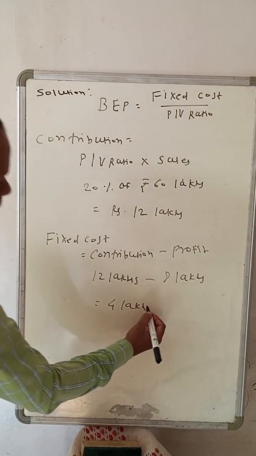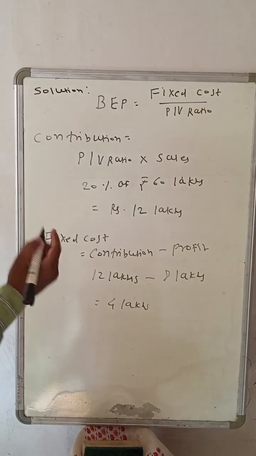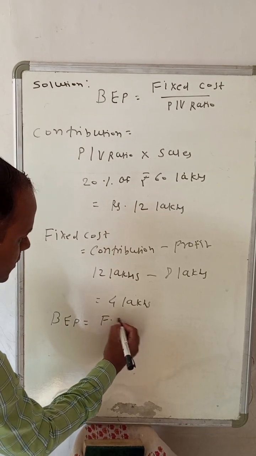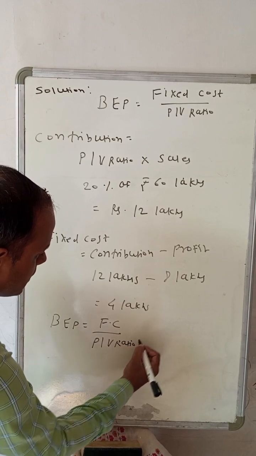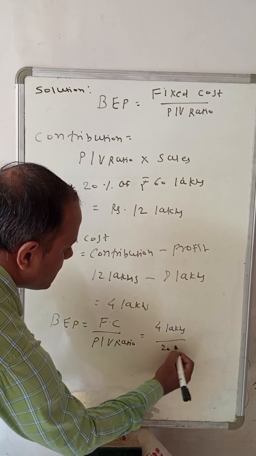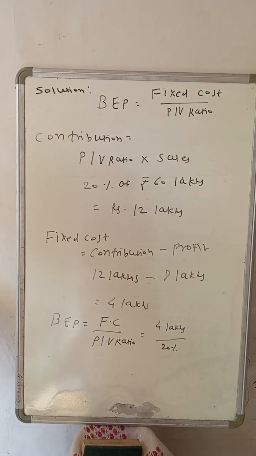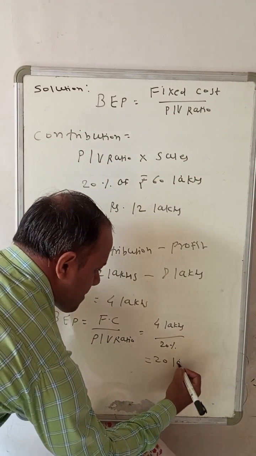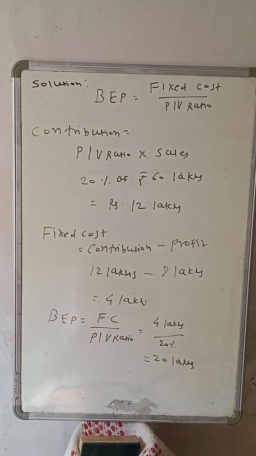So your answer for the break even point is equal to fixed cost divided by PV ratio. So fixed cost is 4 lakh and PV ratio is 20%. So 4 lakh divided by 20% is equal to 20 lakh rupees. This is very easy.